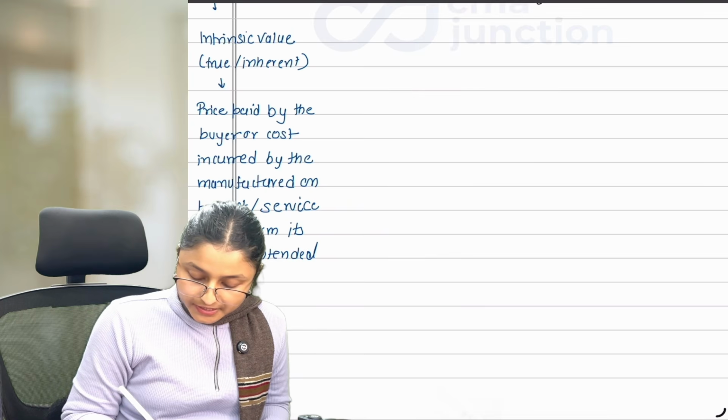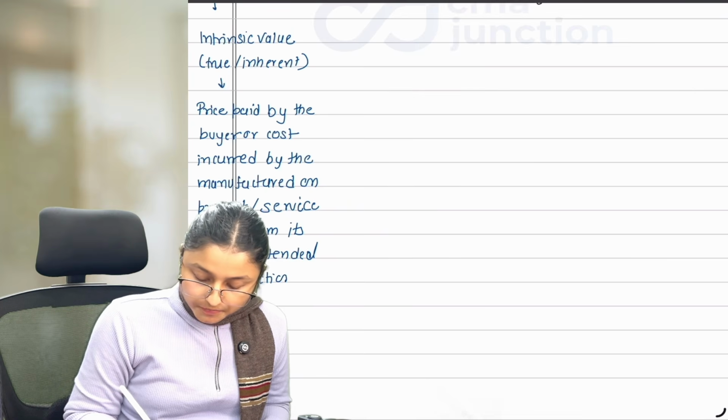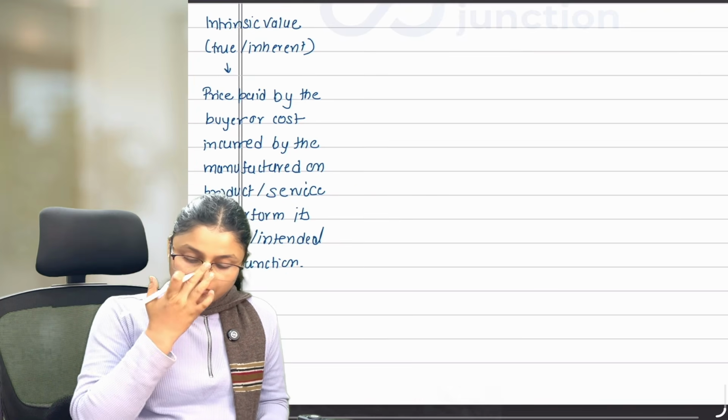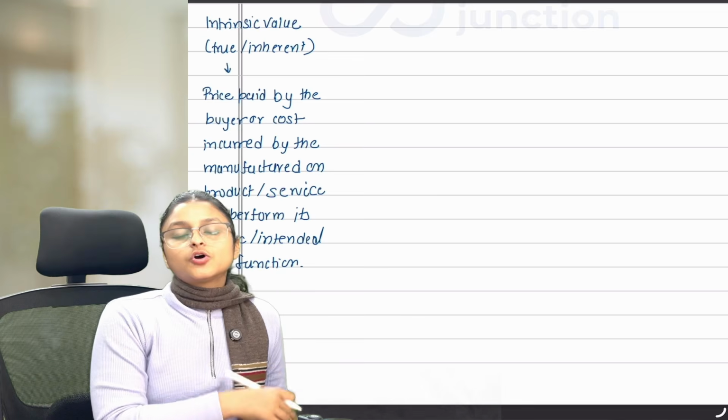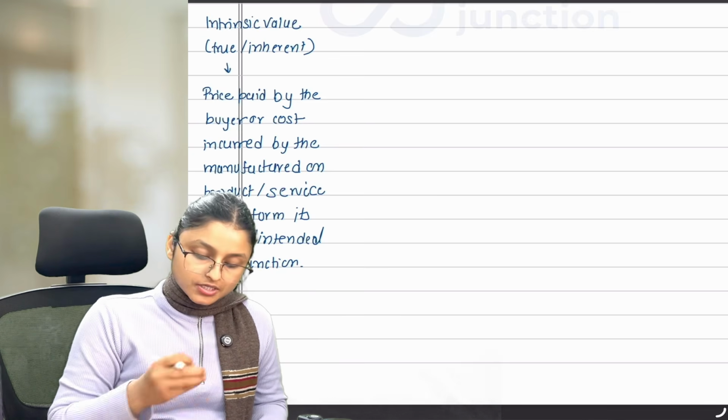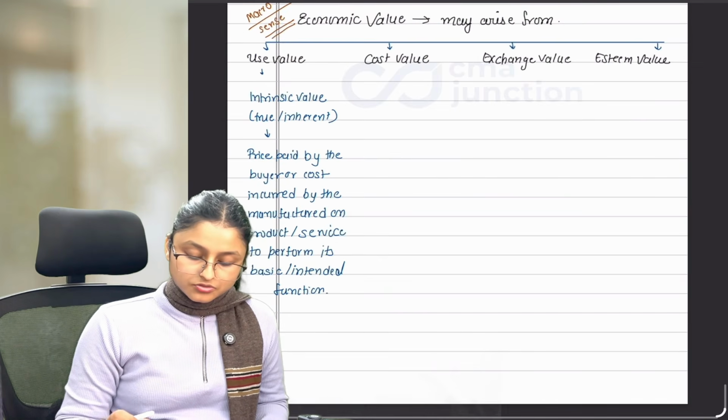So to perform the intended function or the basic function of the product, whatever price the buyer is paying or whatever cost the manufacturer has incurred is known as use value.